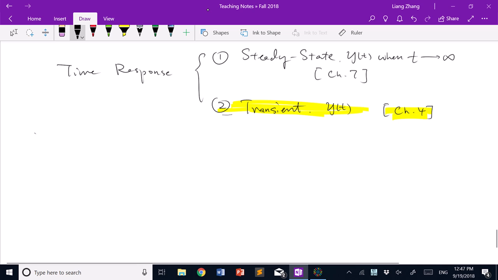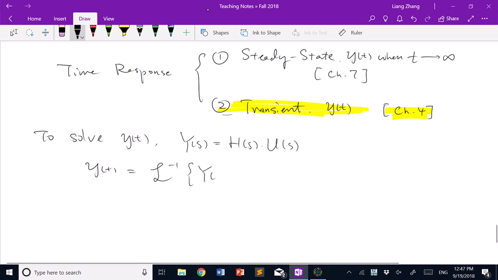And usually to solve for y of t, there are multiple ways, and the most commonly used one is through the transfer function, Laplace transform, and then your output y of t will be the inverse Laplace transform of y of s.